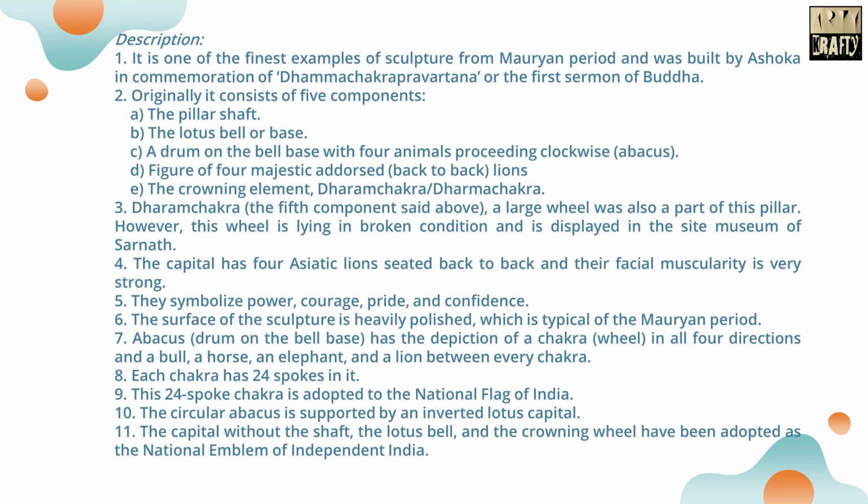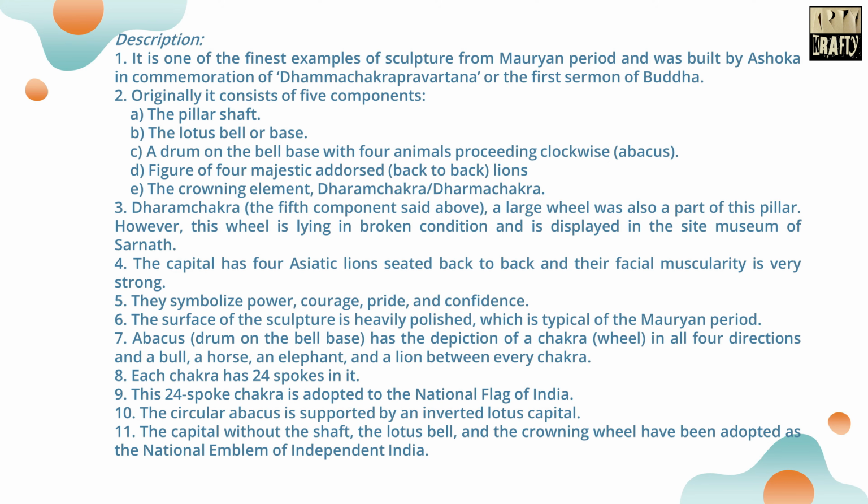Abacus, the drum on the bell base, has the depiction of a chakra, that is a wheel, in all 4 directions, and a bull, a horse, an elephant, and a lion between every chakra. Each chakra has 24 spokes in it.